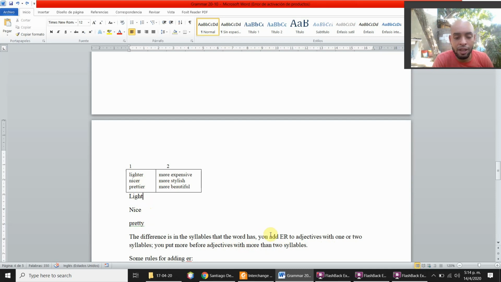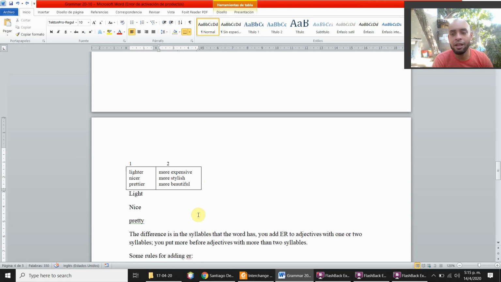But if the word has more than two syllables, like expensive, stylish, and beautiful, then you have to add more before the adjective. For example, these adjectives: more expensive, more stylish, more beautiful.